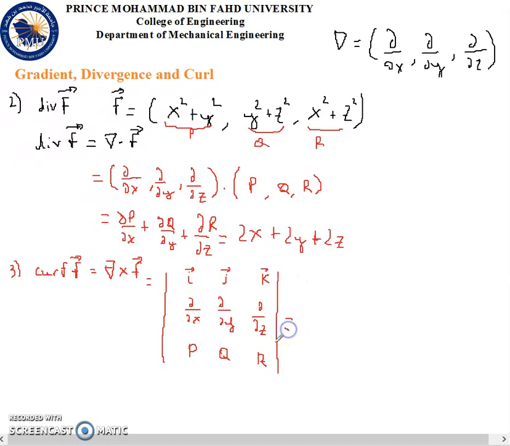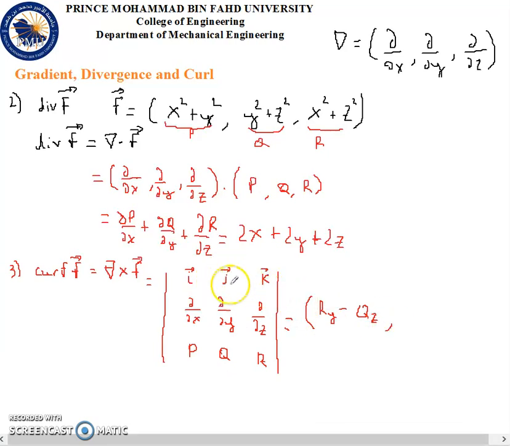So we need to develop this determinant. So we'll have unit vector i times the determinant over here. So del R del y, I'm going to write it Ry, minus del Q del z, so Qz.